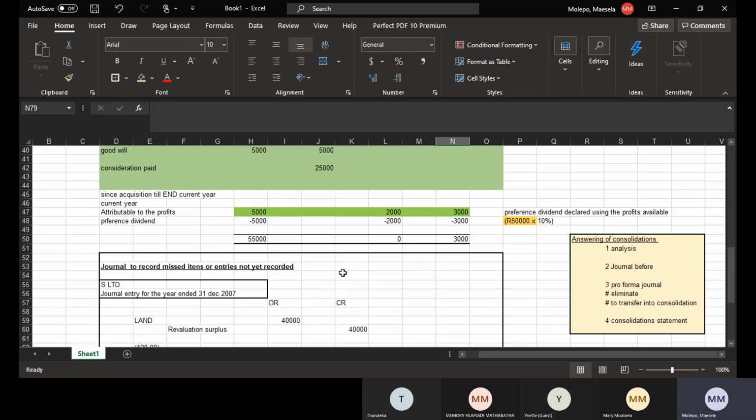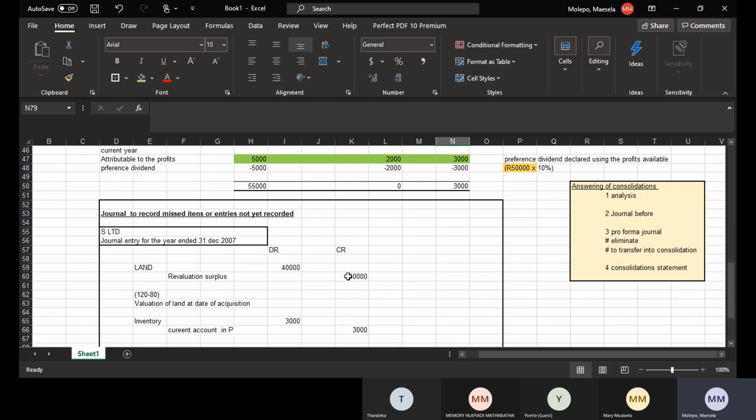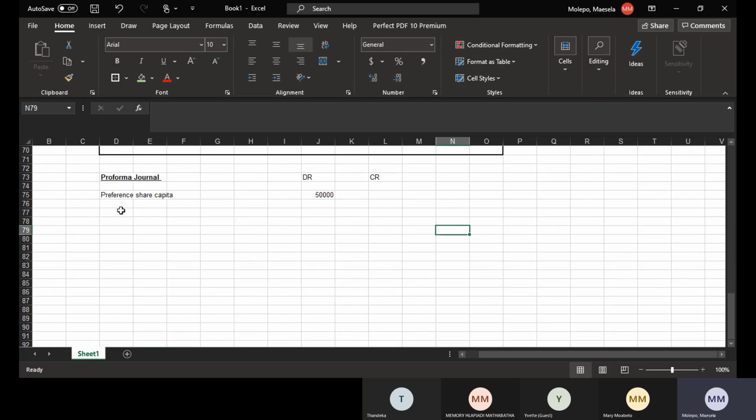The goodwill is not eliminated. Instead, it is taken further, as it will be used in the assets of our consolidation. So it's still going to increase on the debit side. We're not writing it off, because if we were writing it off, it would go on the credit side. So the goodwill is on the debit side as 5,000.